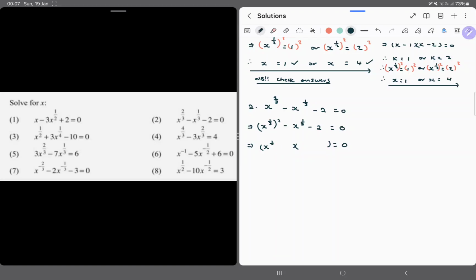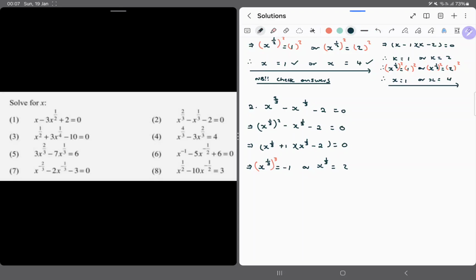So we've got x to the a third, x to the a third, so this is minus 2, plus 1. So this implies x to the a third is equal to minus 1, or x to the exponent a third is 2.